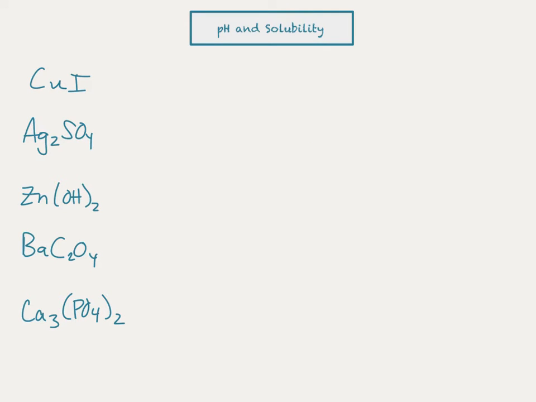Now let's bust a move through a few more examples. In this question, we want to know who is more soluble in acid. Okay, so let's see what kinds of ions each of these compounds makes. My first guy, copper 1 iodide, makes a metal with a small charge who probably won't change pH, and an iodide.